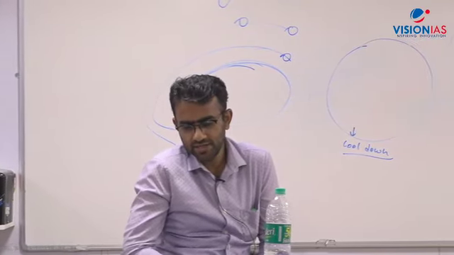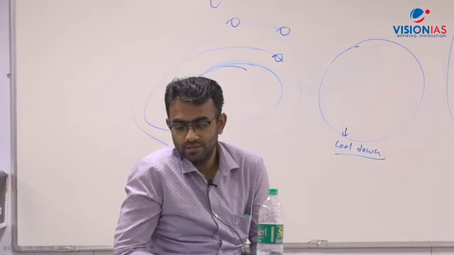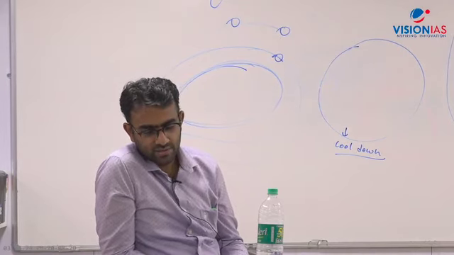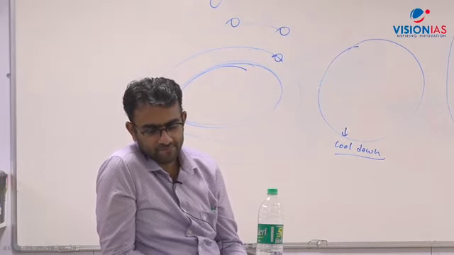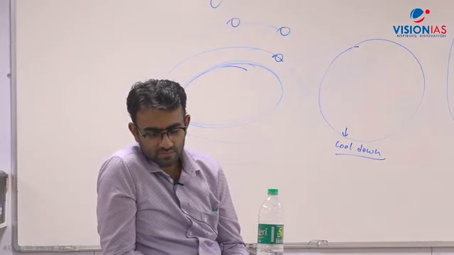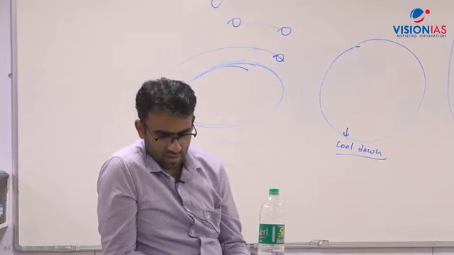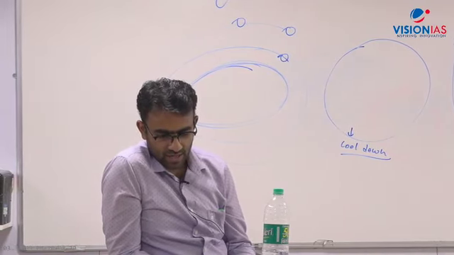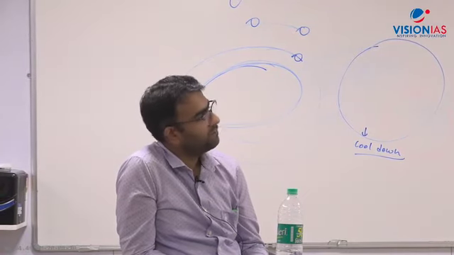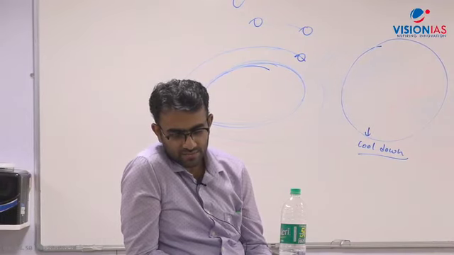Next, tidal theory by Jeans and Jeffreys, J-E-F-F-R-E-Y-S. It proposes a very big intruding star, which came near to the sun.